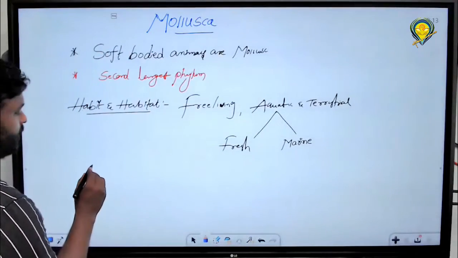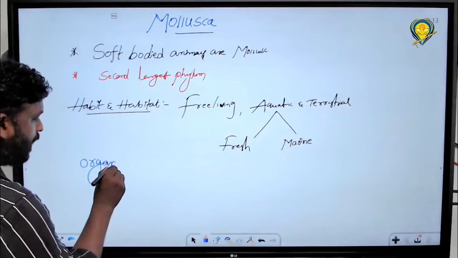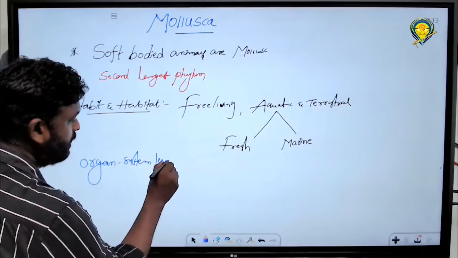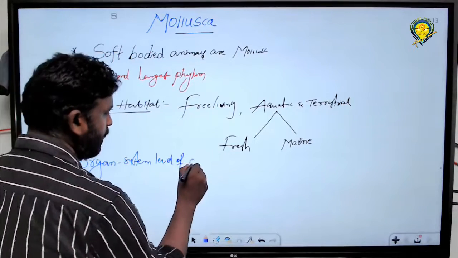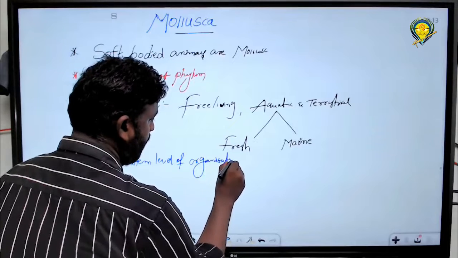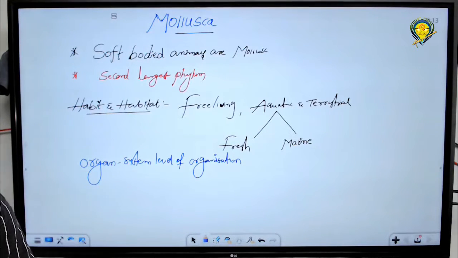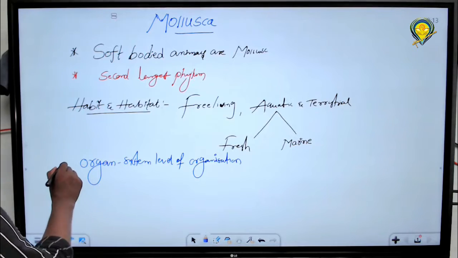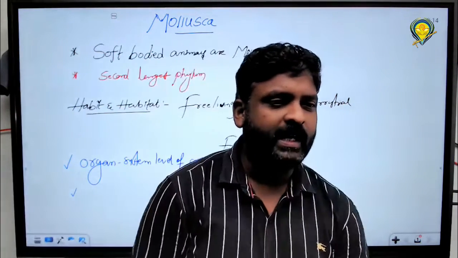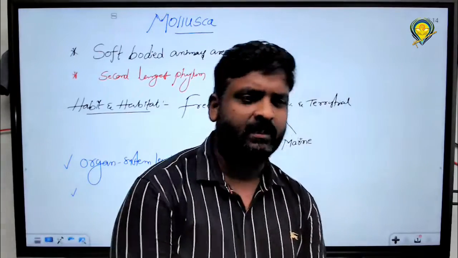First one: what is the level of organization? Organ system level of organization. Very good. Next, what kind of germ layers do you have? Either diploblastic or triploblastic. Definitely three germ layers.